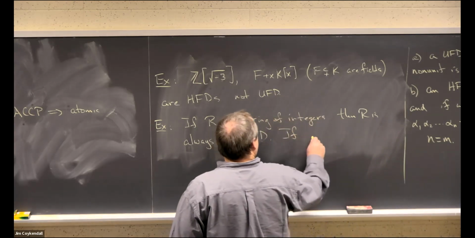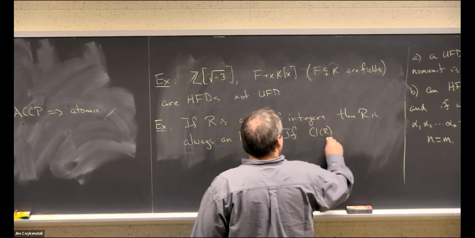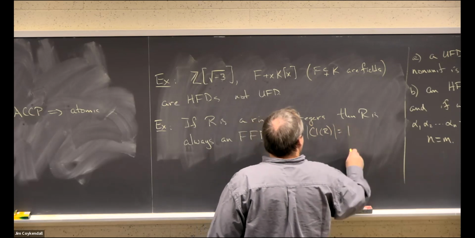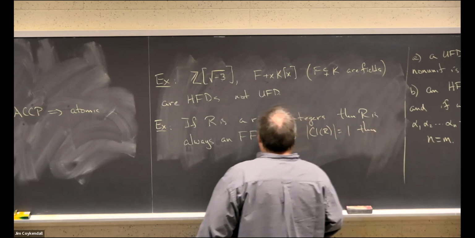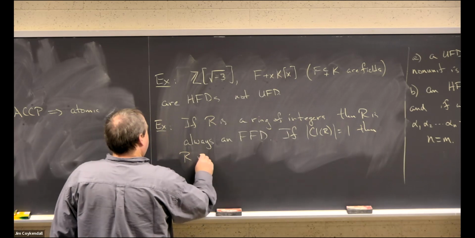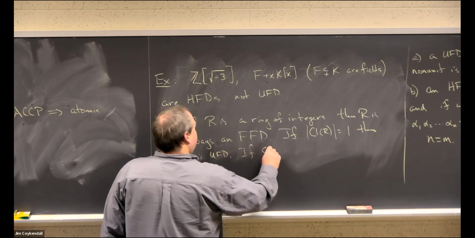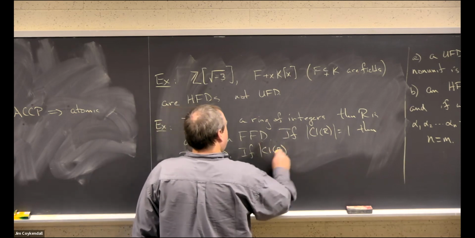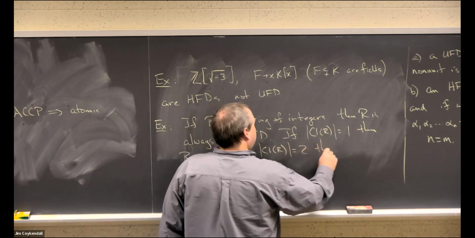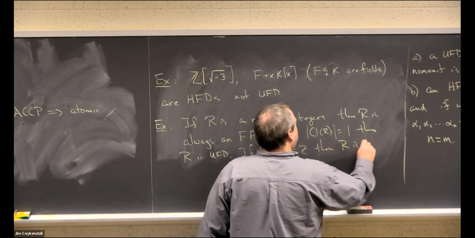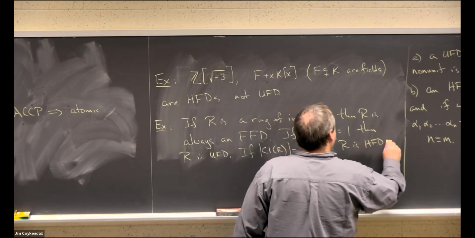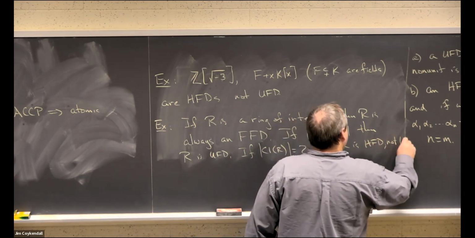If the class number of R is 1, then R is a UFD. If the class number of R is 2, then R is an HFD, but not a UFD.